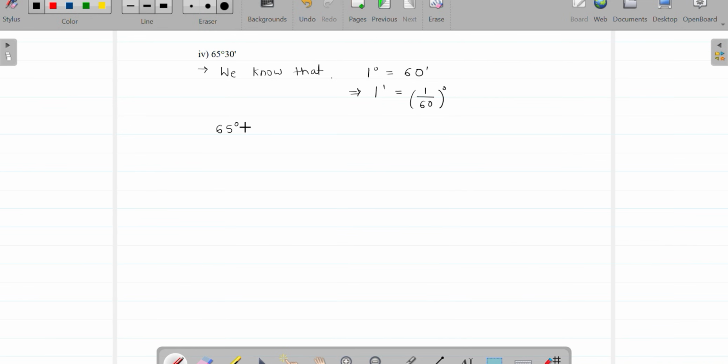65 degree and 30 minutes. So 65 degree, here we add this minutes, 30 minutes. First we have to convert these minutes into degree.